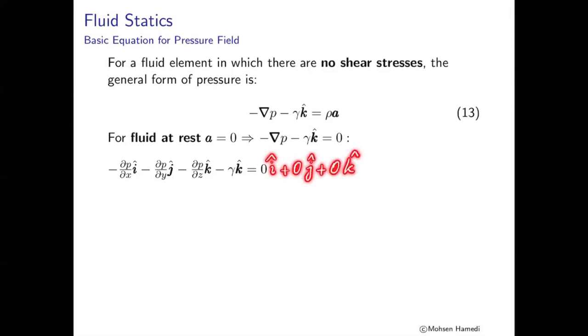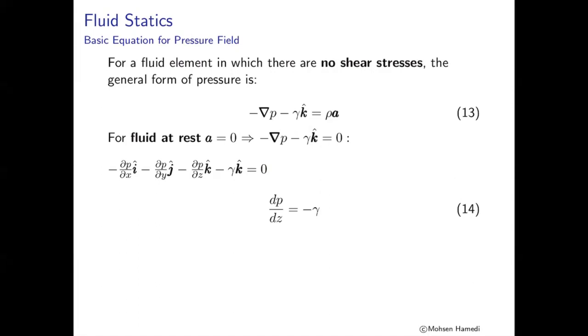So we can write that for the x direction, these two are equal. Then for the y direction, these two are equal. And for the z direction, this term is equal to this term. So from here, we can find that del p over del x is 0, del p over del y is 0, and del p over del z is minus gamma.